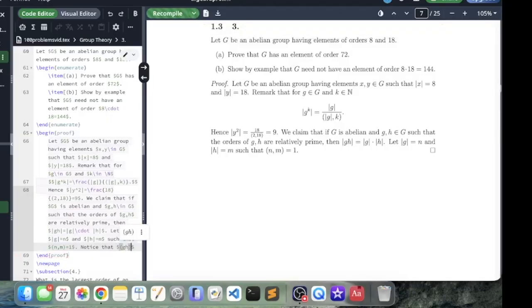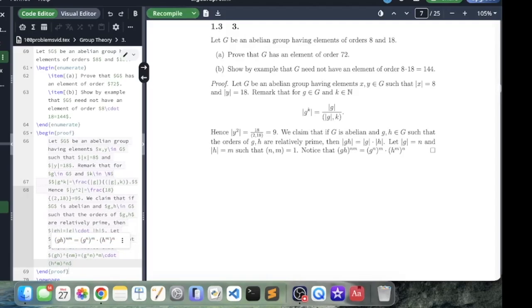Maybe notice that if we take gh and raise it to the nmth power, because we have abelianness, this is just equal to g to the n to the m times h to the m to the n. We can rearrange stuff however we want with exponents because of abelianness.